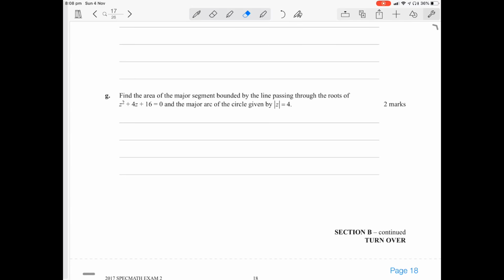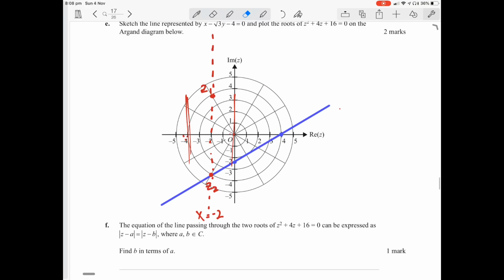Find the area of the major segment bounded by the line passing through the roots of that and the major arc of the circle, mod Z equals 4. So mod Z equals 4, it's got a radius of 4. Find the area of the major segment. Okay. What do we know that angle in there is?